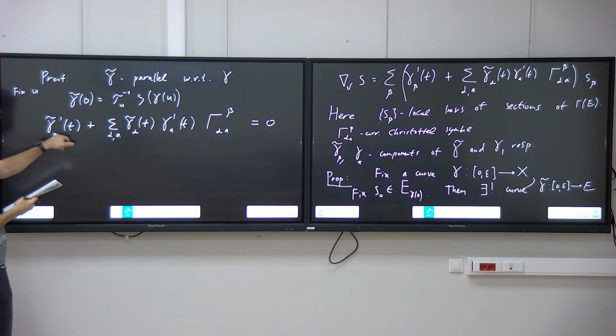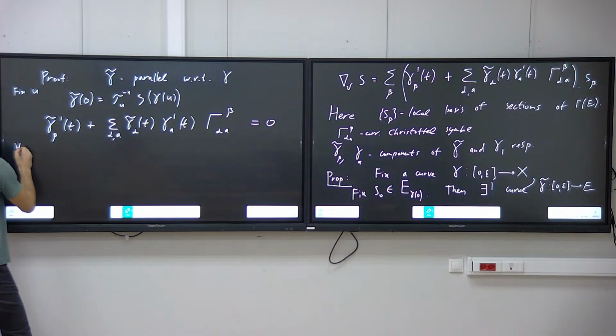These are components of gamma as usual, as written over there. This is for any t, so for any t from this interval.